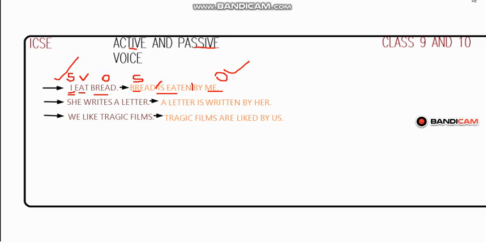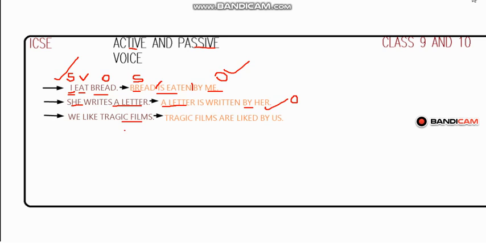In the same sense, she is the subject, so here her as an object, and it is connected by by. Here our letter is the object, so in the passive voice it will act as subject. So our letter is written by her. Now next is, we like tragic films.